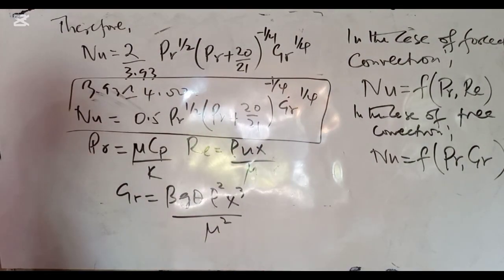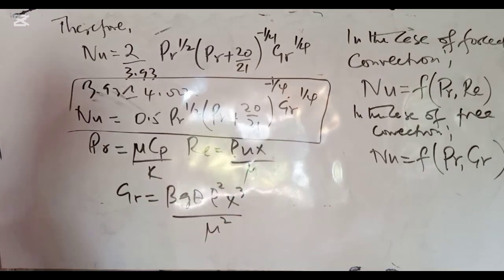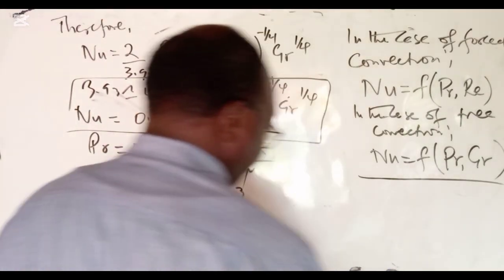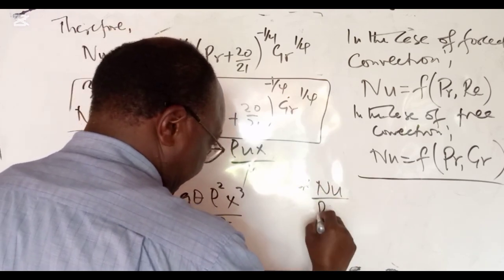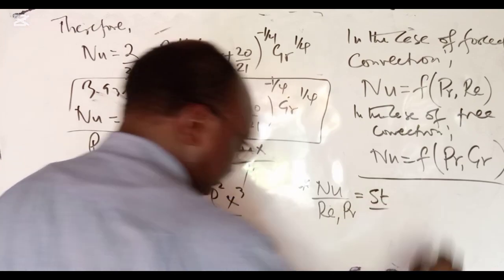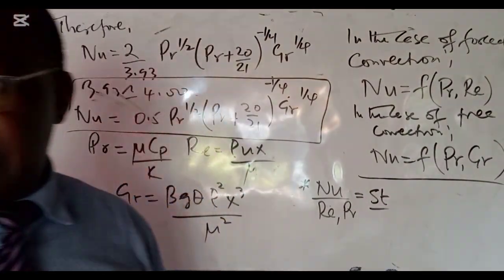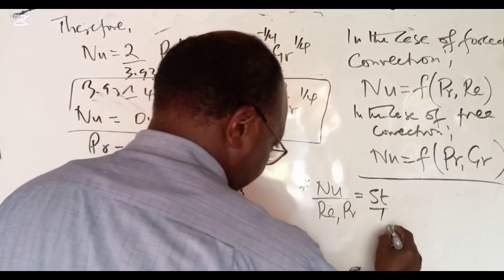Very important for us to note that. And of course, always remember that the Nusselt number divided by the Reynolds number and the Prandtl number gives you the Stanton number. And that is very important for us to note.